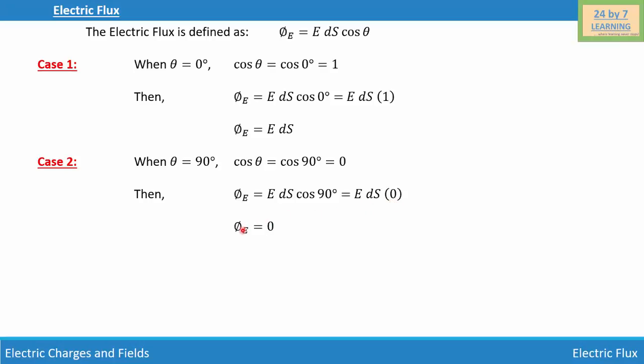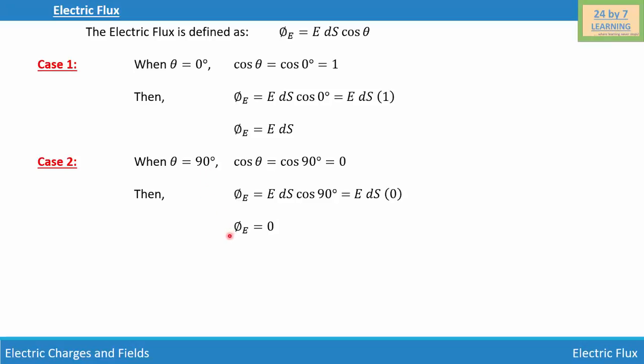So we get phi E is equal to 0. Basically the electric flux is 0 when the angle between the area vector and the uniform electric field is 90 degrees, or when the electric field and the area vector are perpendicular to each other.